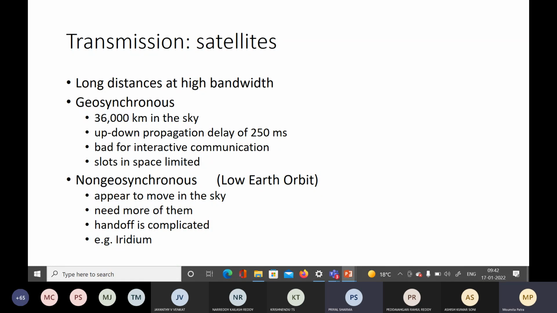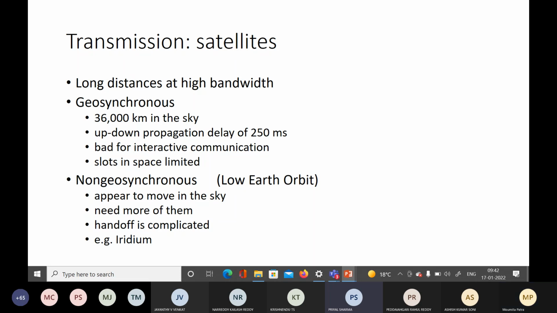When your signal moves from the satellite to one particular node on the Earth, and then moves to another node, this handing off of the signal becomes pretty complicated in the case of low Earth orbit satellites. So here the complexity is also pretty high.